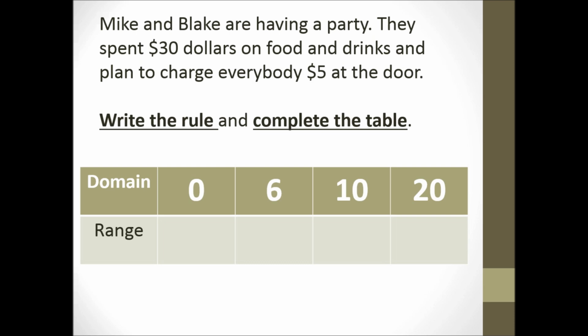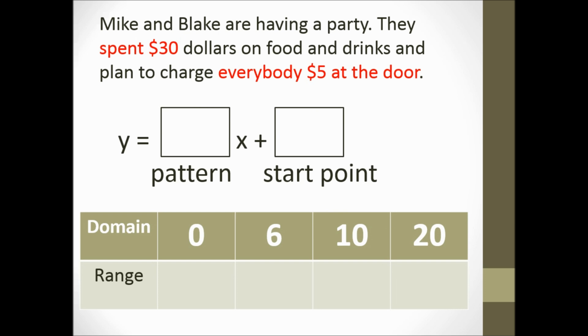What I want to first look at is the word spent. If $30 was spent, that means I started off in the hole 30. And then in order to make that $30 back, I have to charge $5 each. So my starting point is -30 because I'm starting in the hole.